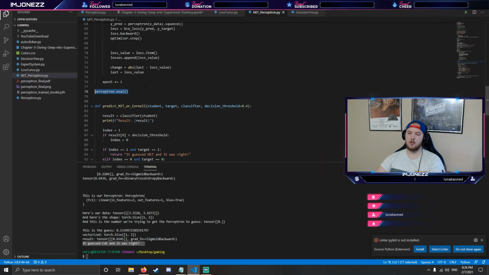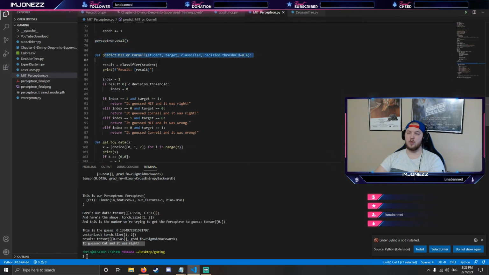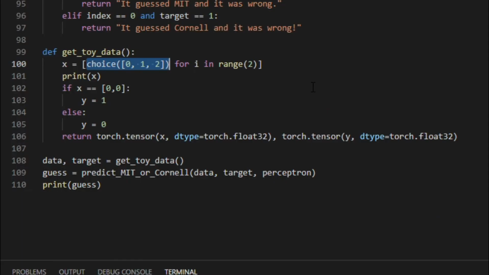Then we'll switch it into evaluation mode, and we'll do something similar. It will receive a list of 2 numbers between 0 and 2, and here is why that is not as good for machine learning: it's very easy to write something that's way less computationally heavy to predict whether or not it would be good.